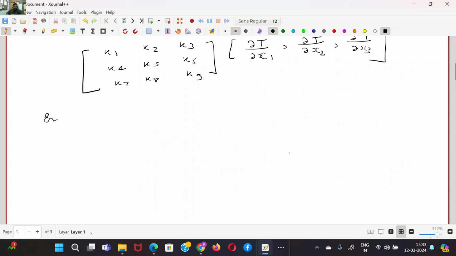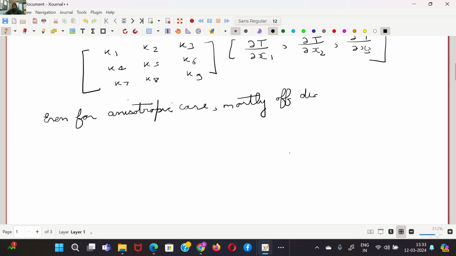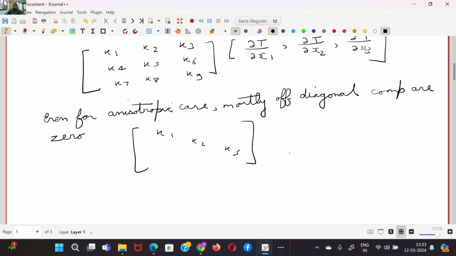Even for anisotropic case, mostly the off-diagonal components are zero, right? So you just have K1. The diagonal components only will be non-zero. The other components are generally zero, even for anisotropic case.